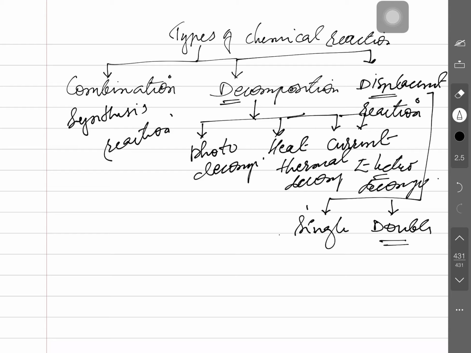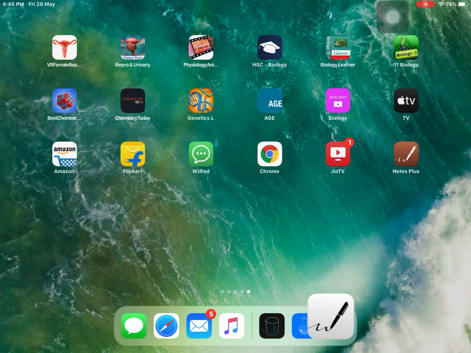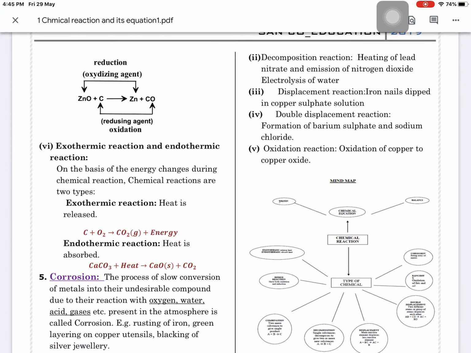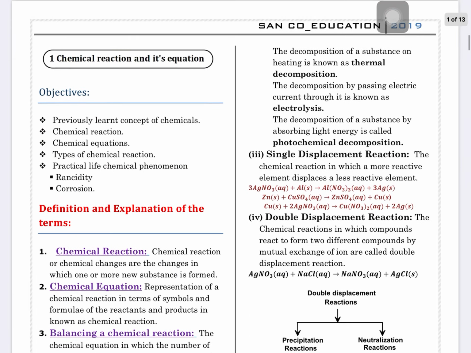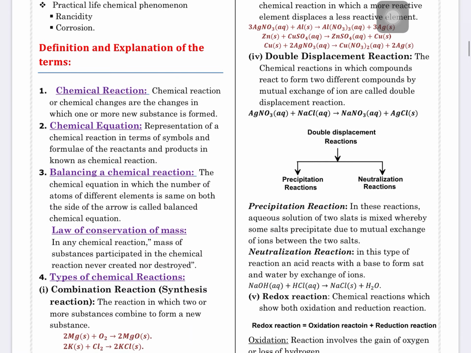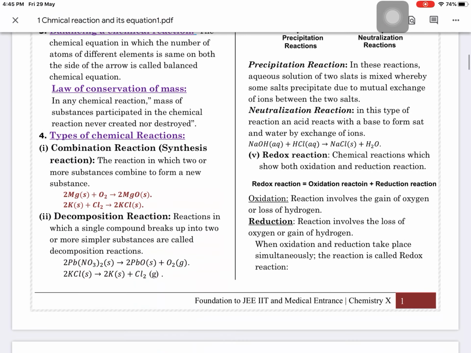Now further, we'll see some types of chemical reactions in your NCERT textbook. This is our study material given by us. The data I have collected from your NCERT textbook, and I maintained the linguistic approach with your textbook too.